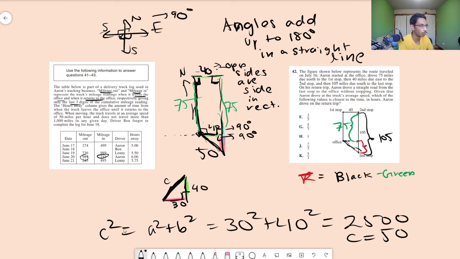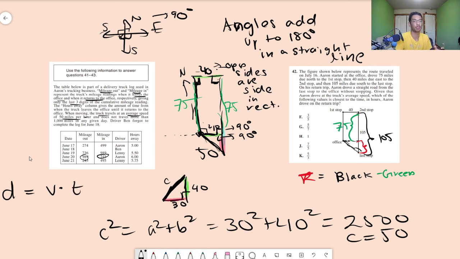Now what we need to figure out is the number of hours Aaron drove on the return trip. Let's see if we can get any information on here. Yes, we do. When moving, the truck traveled at an average speed of 50 miles an hour. Perfect. It's a very handy formula: distance is equal to velocity times time.